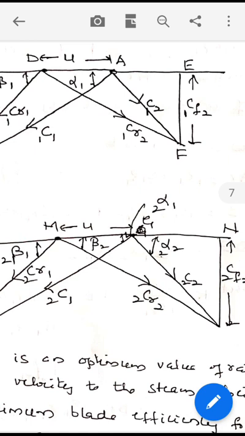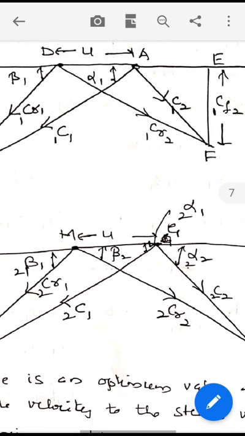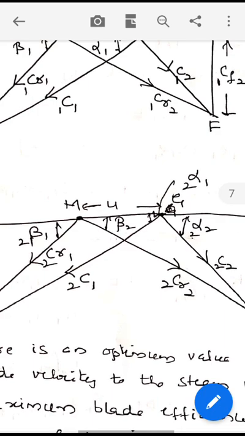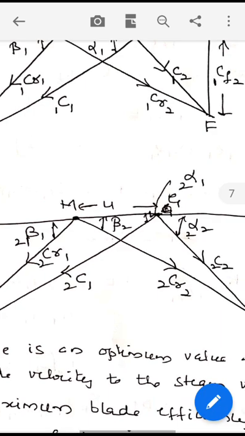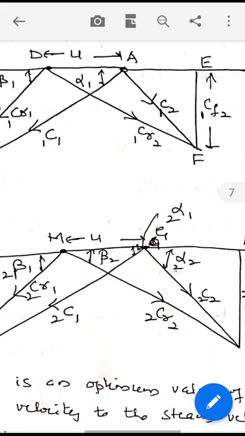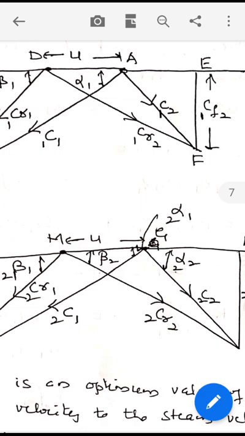There is also some loss of energy due to friction while moving through the guide blades. Therefore, C1 for the second stage is equal to K times the C2 of the first stage, that is, 2C1 equal to K times 1C2.